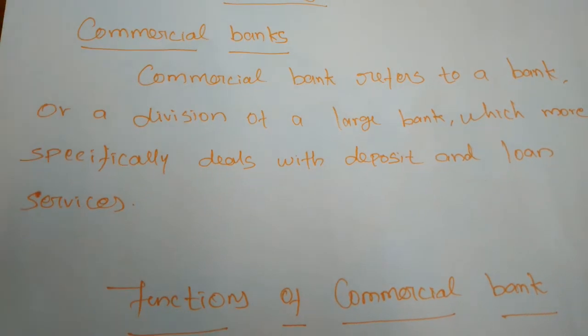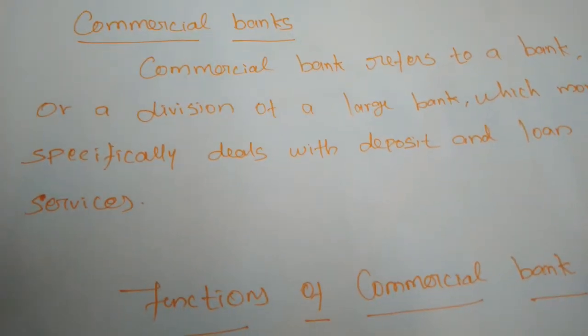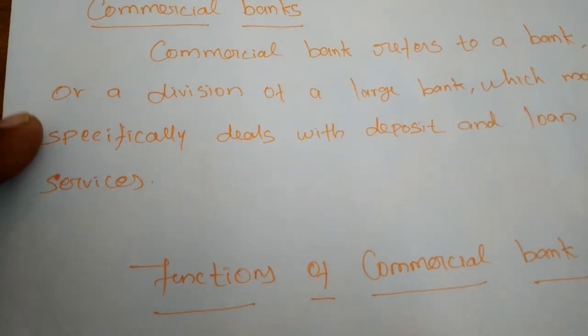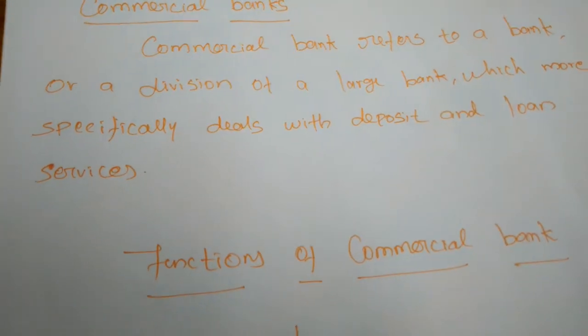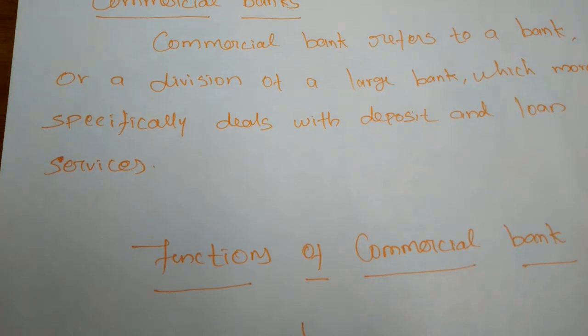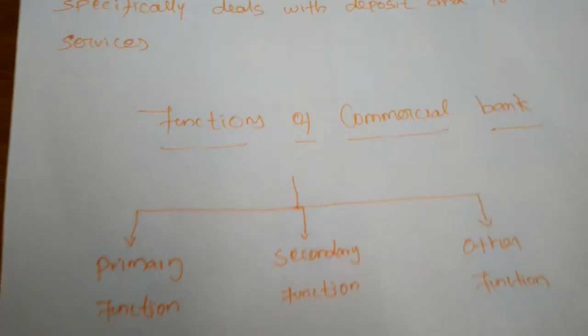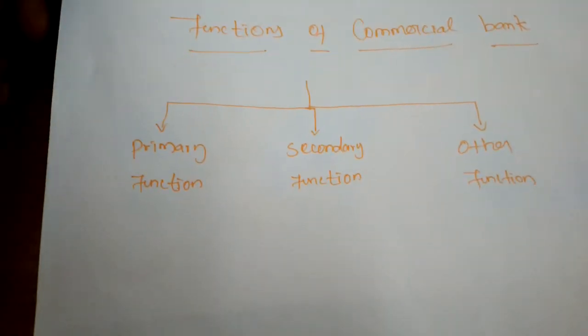So this type of commercial bank provides many functions to the public and all other entrepreneurs, and is important to improve economic development. So what functions are provided by the commercial bank?